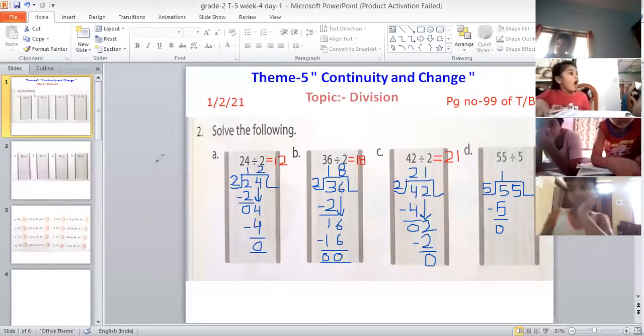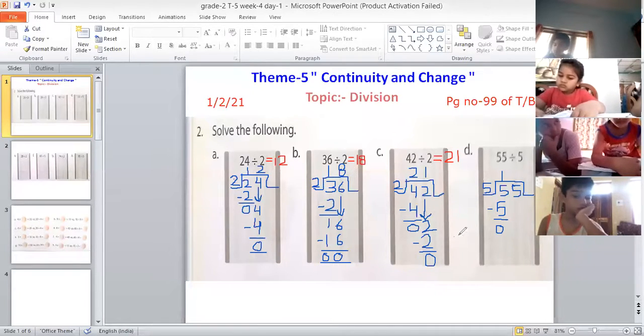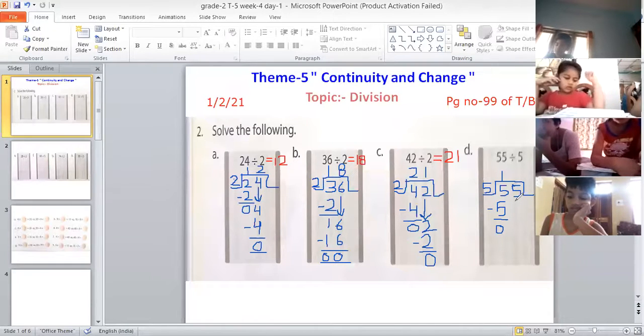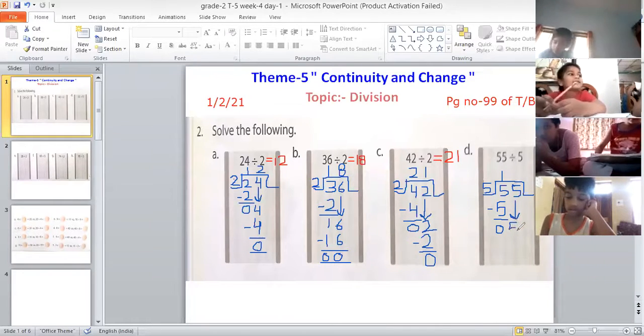Can you see that 5? So we will make an arrow and we will copy this 5 beside this 0. Okay, Tanishka? Okay, fine.